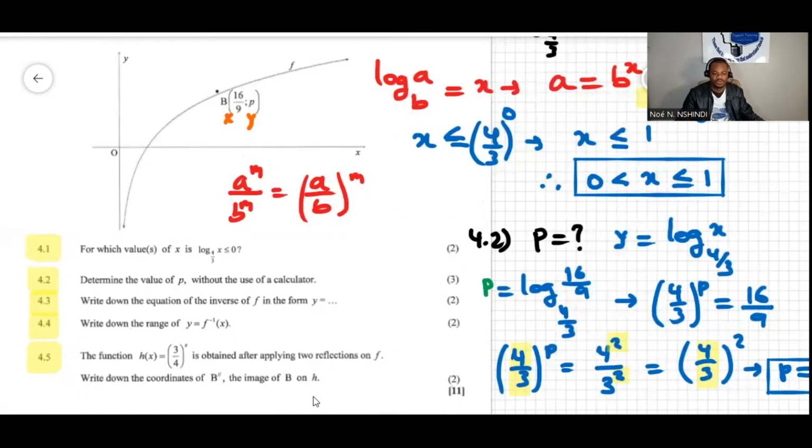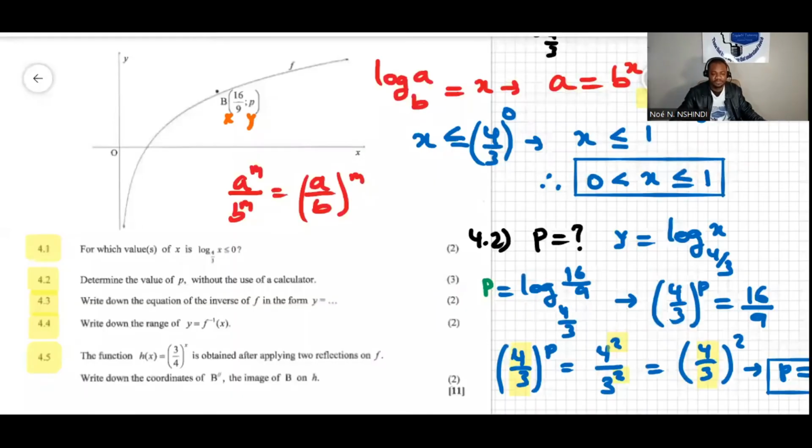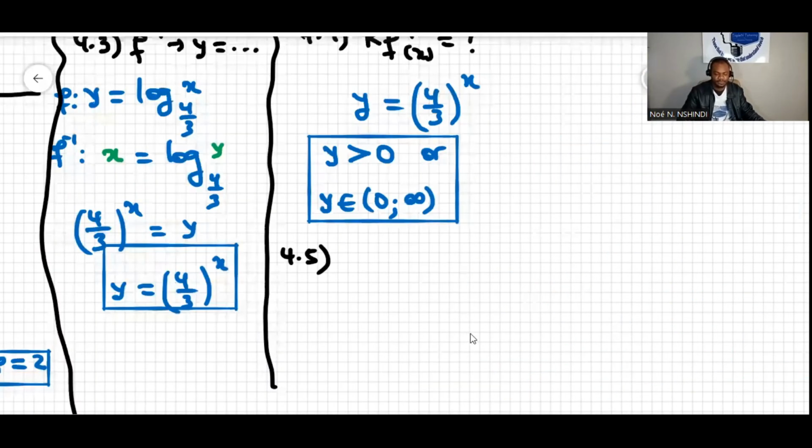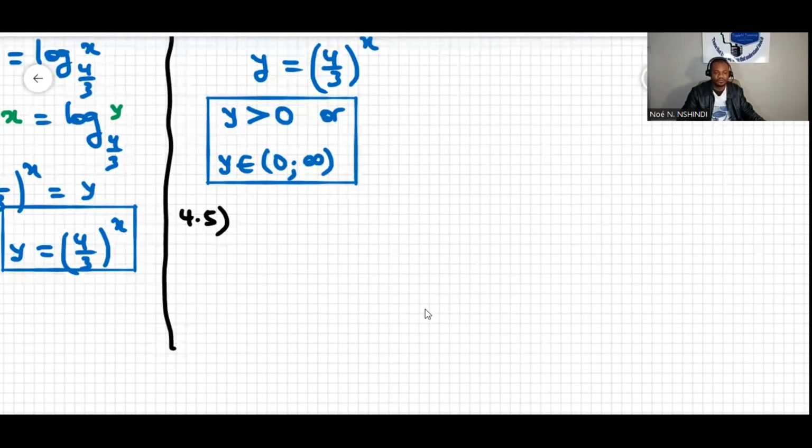Write down the coordinates of BH, the image of B on h. Now I'm going to write the equation over here. 4.5. Looking for the coordinates of BH. Note that BH is the image of B on h.